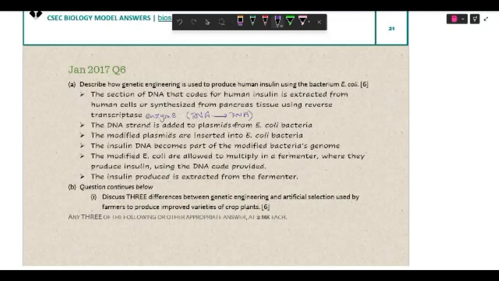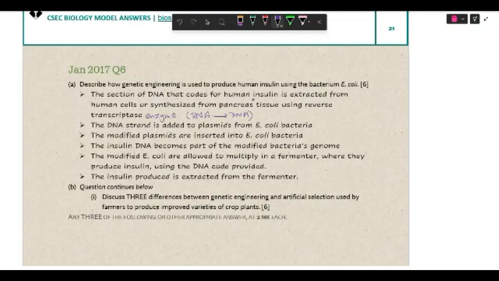And in pancreas tissue, remember pancreas tissue is where insulin is being produced constantly. And just a quick aside as to how the protein synthesis works.